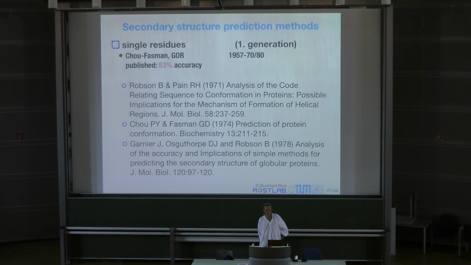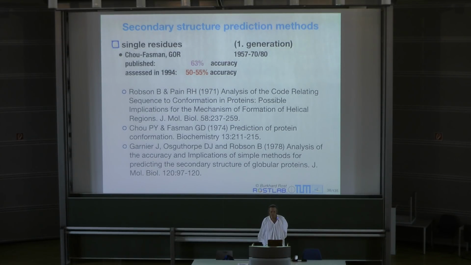And for this first generation method that I showed you, simple probability is 63%. No, actually, that was published. I'm sorry, 63% was published. When they measured with DSSP or later, then the performance looked more like 50%. Okay, 50% accuracy. So 50% of the residues are correctly predicted in either of those 3 states.